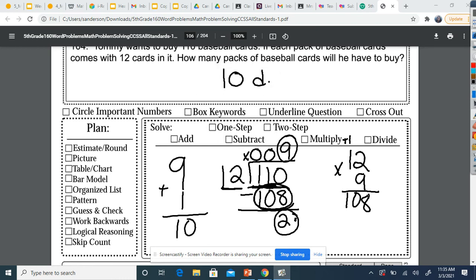So he's going to need 10 decks. So he's going to have more than 110, but that's how much he wanted, at least 110 cards. So we couldn't leave him hanging with just 108. That's why we added 1 deck onto our 9. So that's just what we did. We used logical reasoning to interpret the remainder.